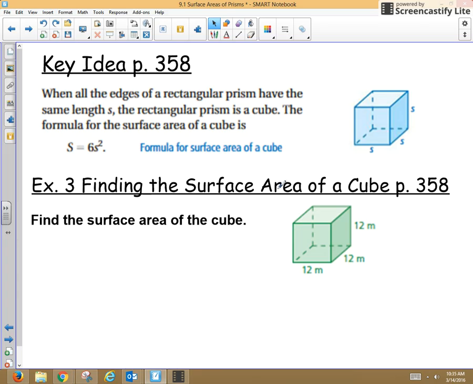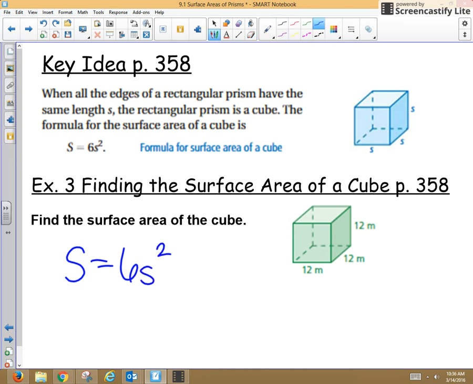The key idea for finding the surface area of a cube is very simple. When all the edges of a rectangular prism have the same length, or s, all you have to do is multiply it by 6 times s squared. So we're going to use this formula for a cube: S equals 6s squared.